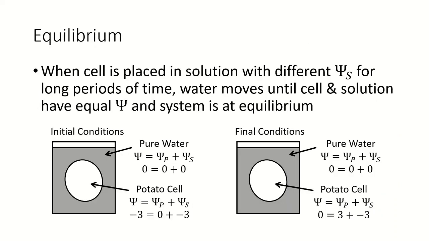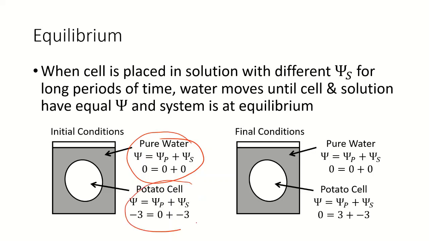And eventually, after a cell has been in a solution for a long time, the water will move until they've reached an equilibrium, and at that point, they are going to have an equal water potential. So notice that we have this potato cell in pure water, which has a water potential of 0. It's got no solute, and it's in an open container.